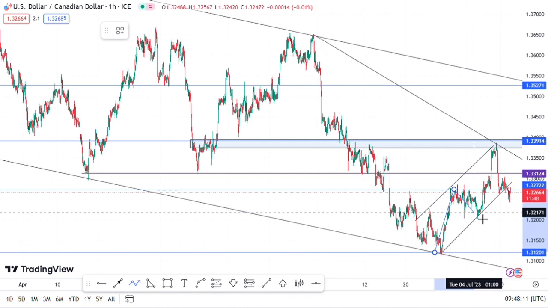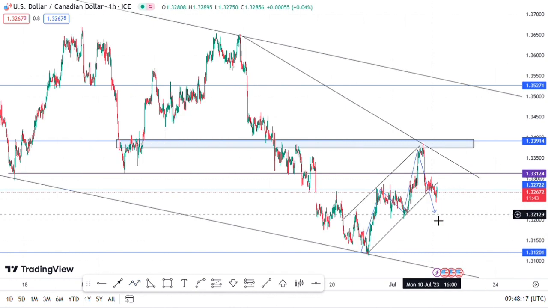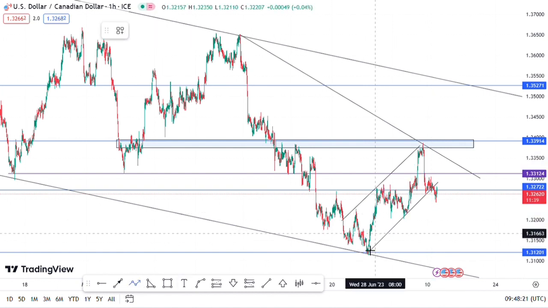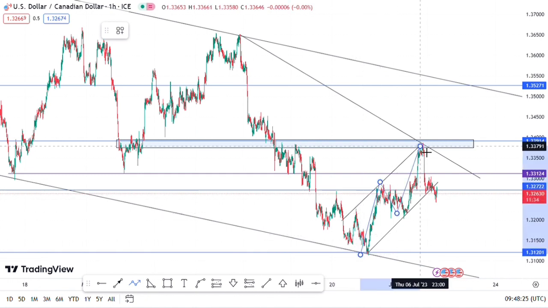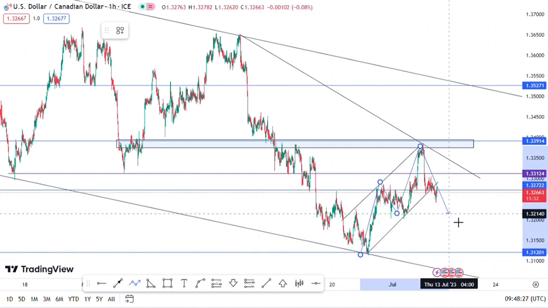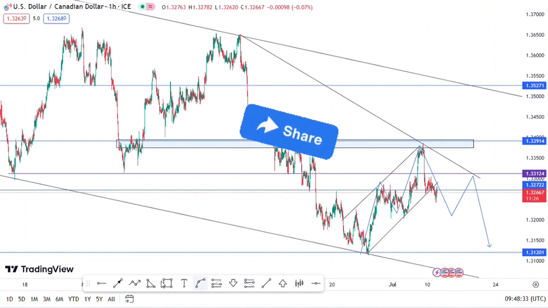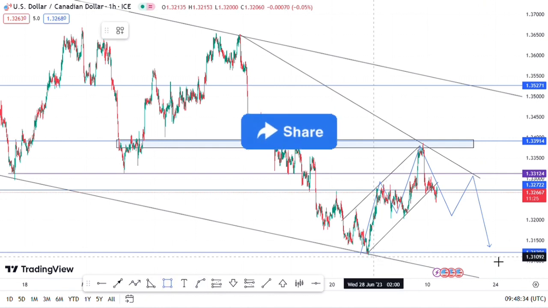The shoulder, this is a head. Let me do it. This is the shoulder, this is the head, and then we're expecting another shoulder, and then pushing towards the downside, coming to this other block right here.